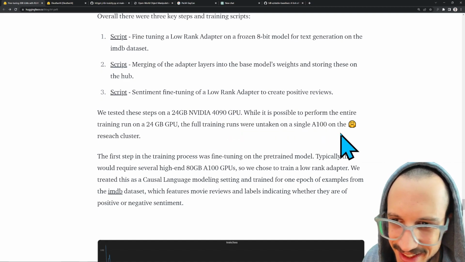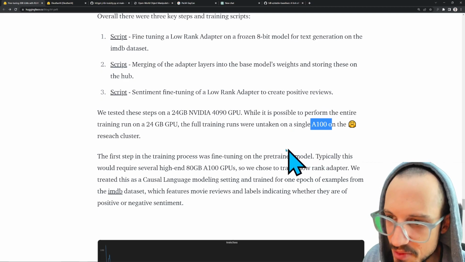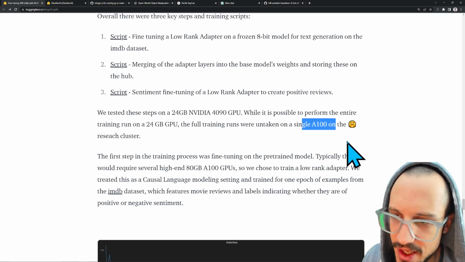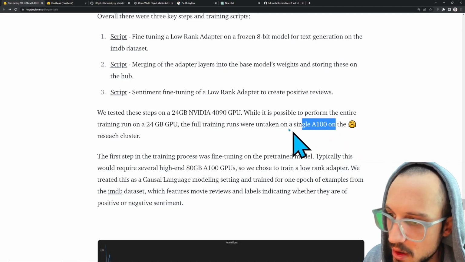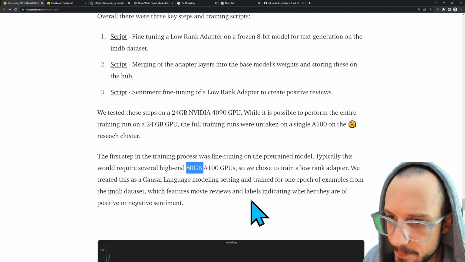But that's not what they did. They did it all on an A100. A100 is an enterprise kind of grade GPU. Nobody has an A100 in their house. What they do is they use A100s that are available in the cloud. And A100s have 80 gigabytes of memory in them.